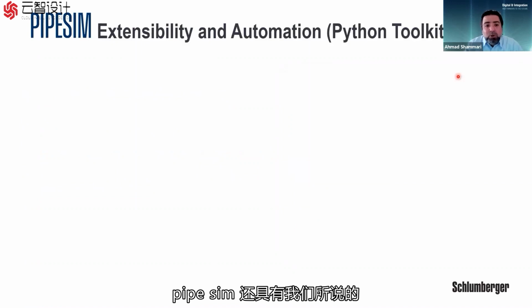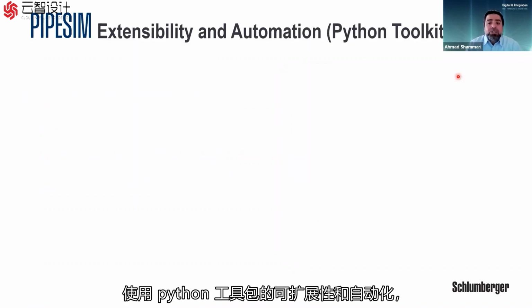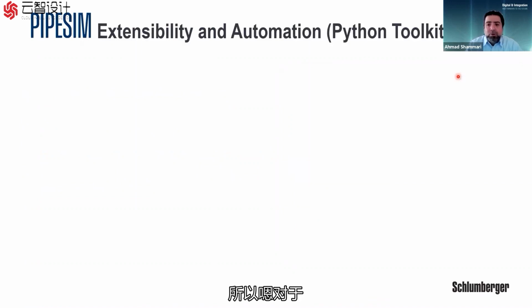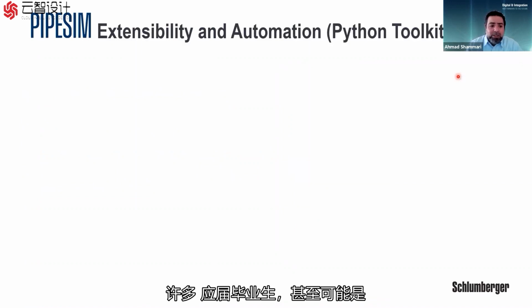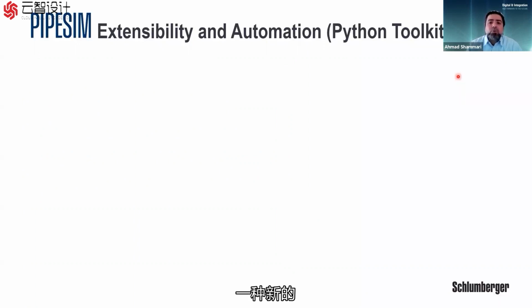PipeSim also has what we call extensibility and automation using Python toolkit, right? So for many of the fresh graduates and maybe even students in the universities, we all know that Python now is the new programming language that really every engineer must learn.